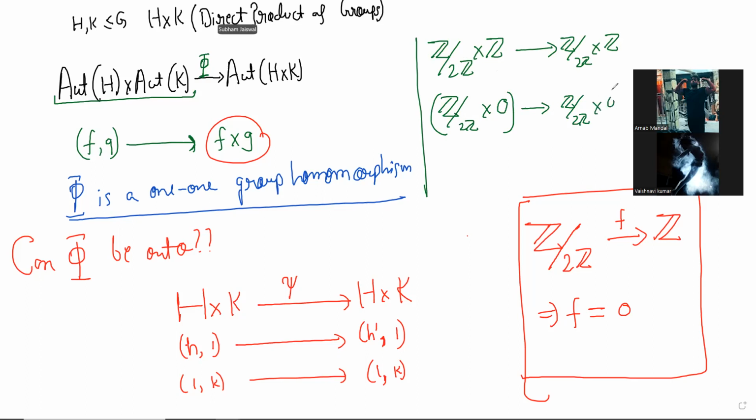Because it cannot slip into Z. Otherwise you'll get a homomorphism from Z mod 2Z to Z, if you compose this homomorphism with the projection onto the second coordinate. Loosely speaking, if you forget this coordinate, you'll get a map from Z mod 2Z to Z. So simply believe this, and then you can sit and work it out later if you want to.